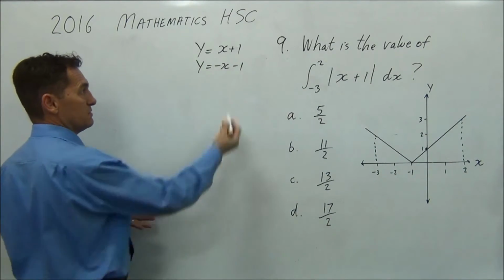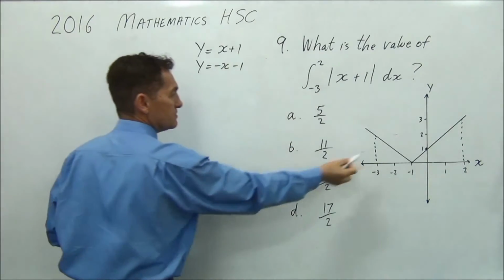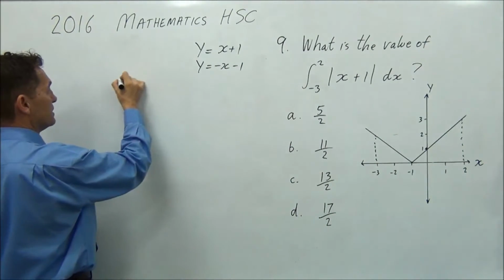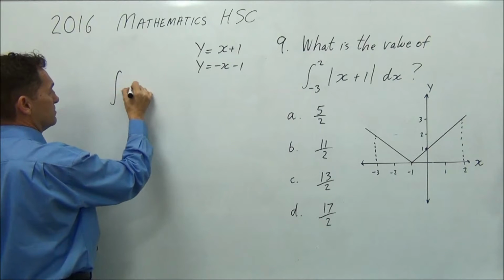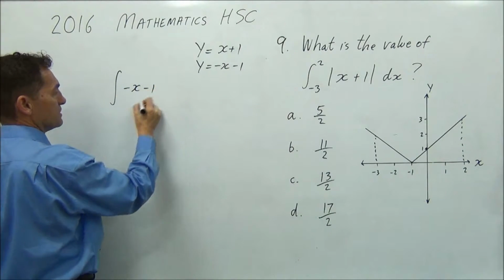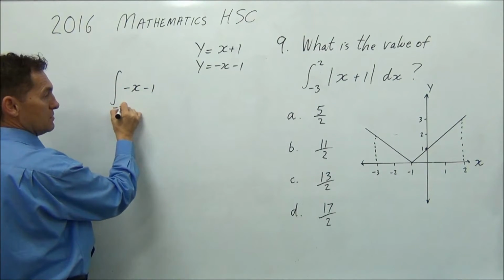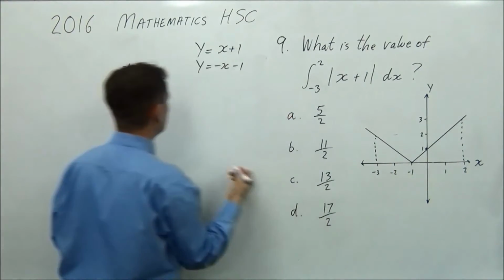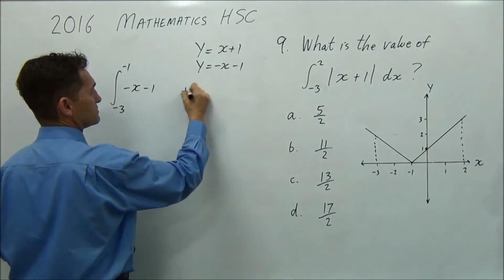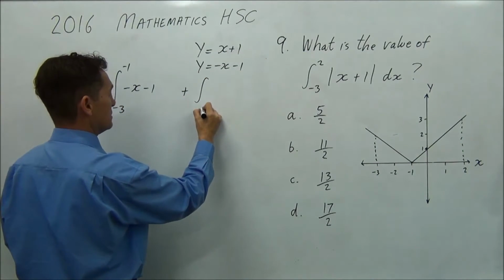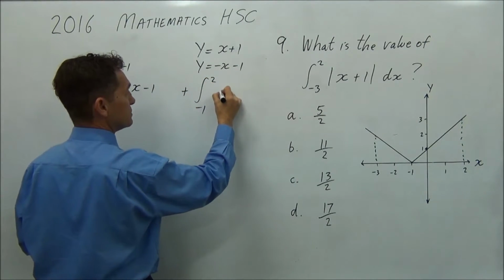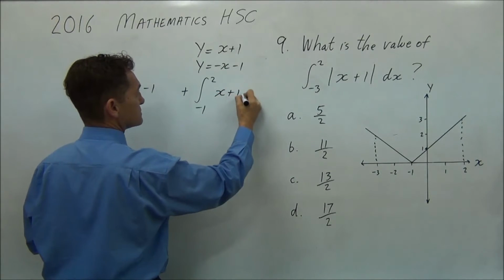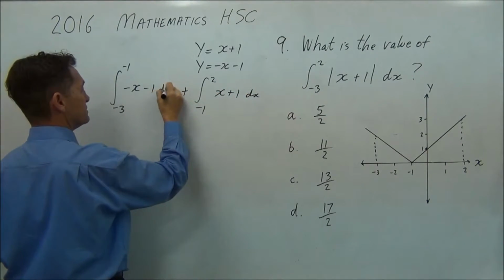One way to do it would be to integrate these in between those two areas. So you could say, if I integrate minus x minus 1 in between -3 and -1, because we're going from there to there with this line, plus we want to integrate between -1 and 2 of x plus 1 dx. I want a dx in there too.